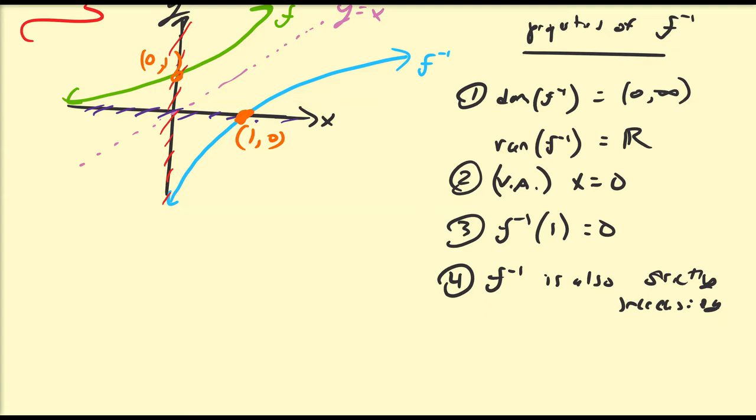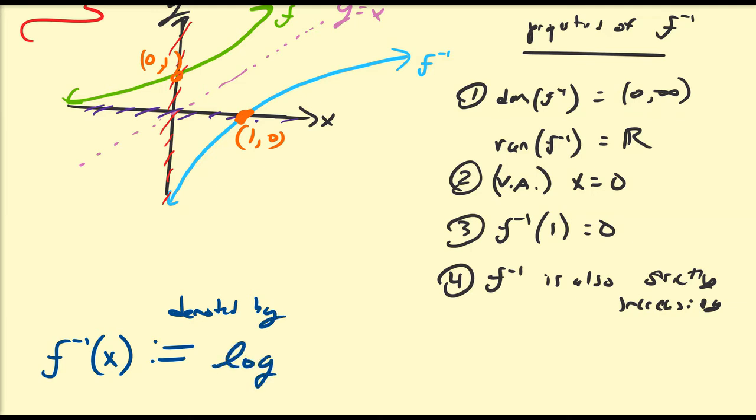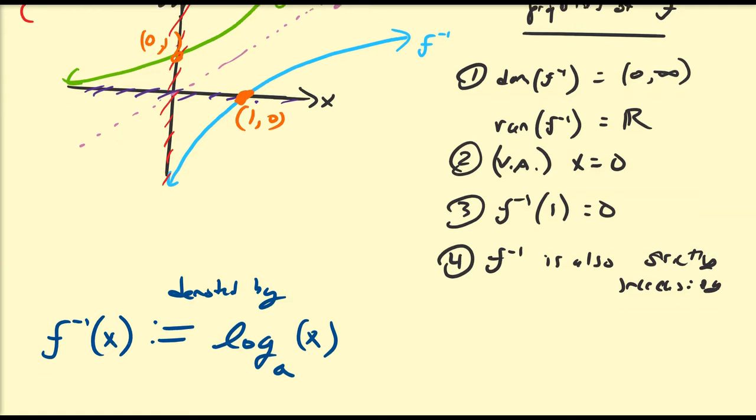All right, cool. So we know pretty much everything about this function, so it's useful to give this function a name. So this inverse function, f inverse of x, we're going to denote it by log with an a on the bottom, x, right?